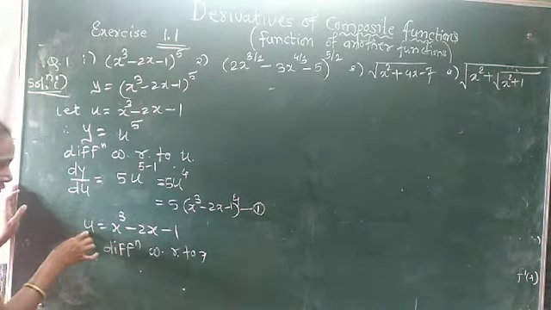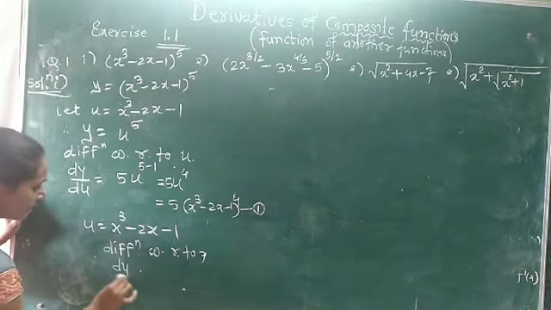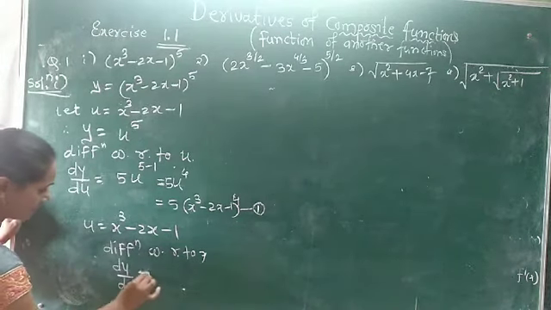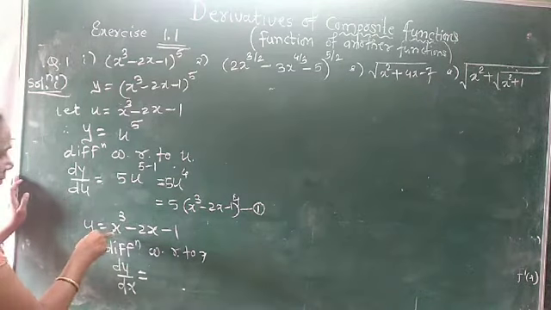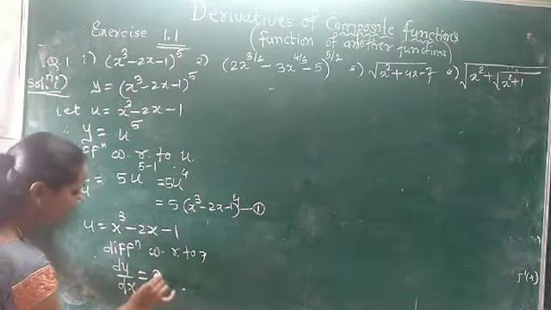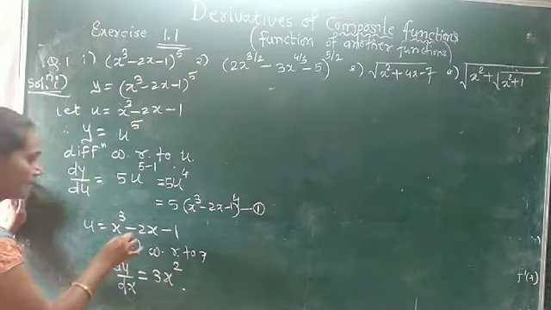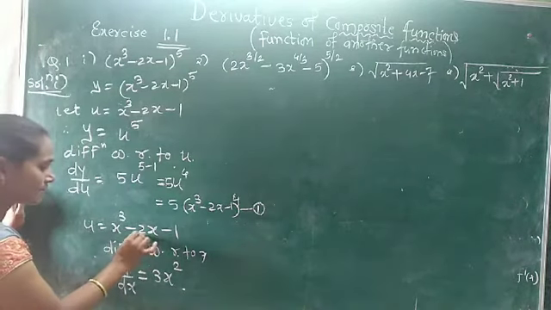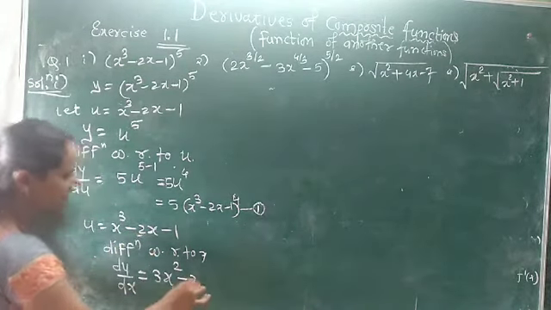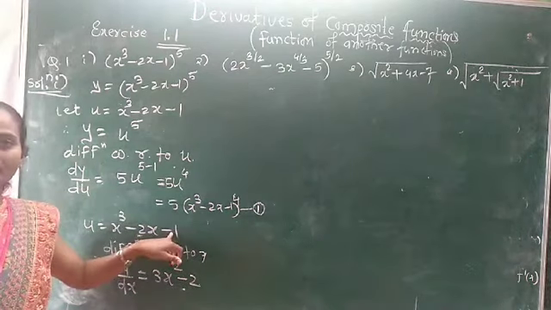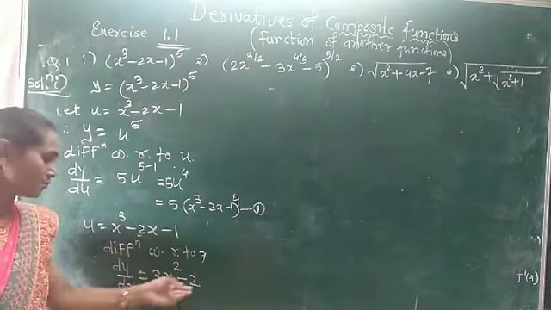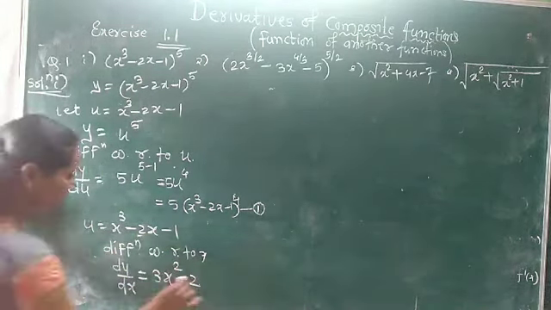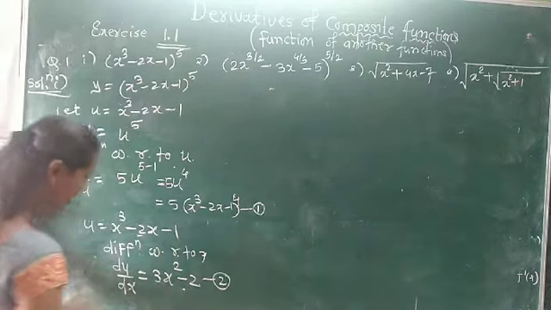So the derivative of u with respect to x is du upon dx, which is equal to, now tell me, the derivative of x cube, that is 3x square, minus the derivative of 2x, which is 2, and the derivative of minus 1, this is a constant term, so the derivative is 0.